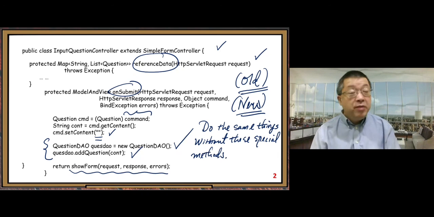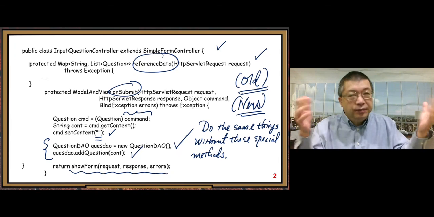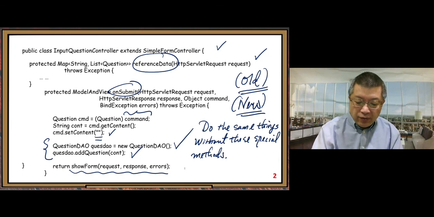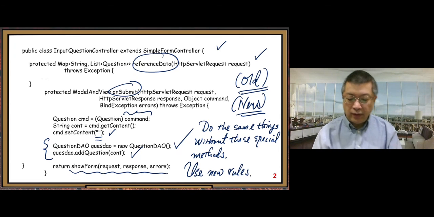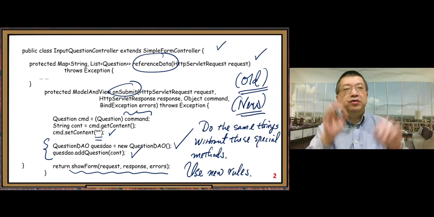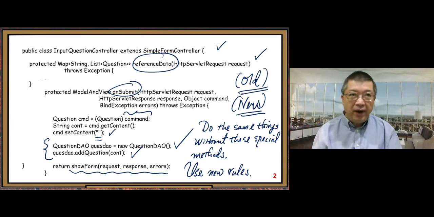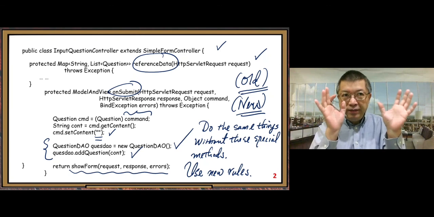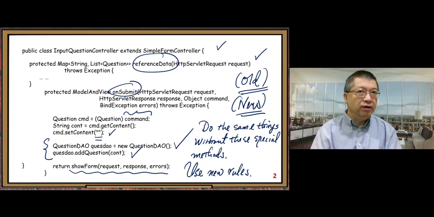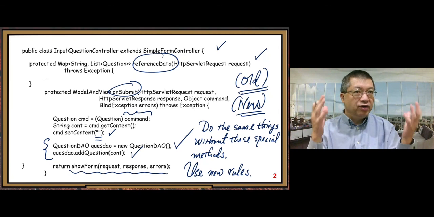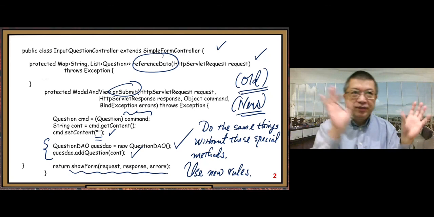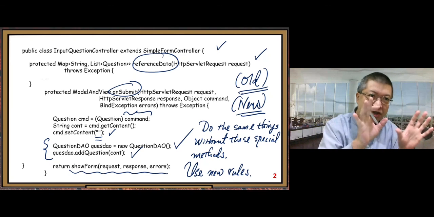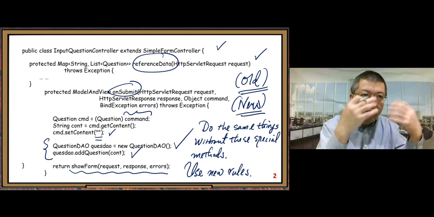Then you may wonder, how do we do it? The way we do it, use some new rules. Hidden rules. So you cannot see them anywhere. There are some rules we need to learn. After we learn those rules, then we prepare our data, then process the data collected from the form.